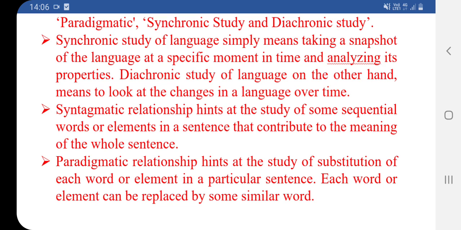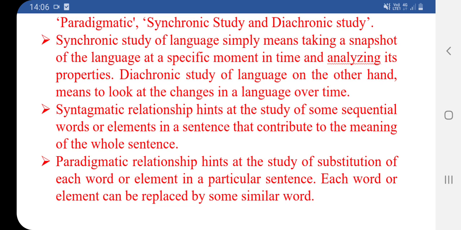And paradigmatic study is something different from syntagmatic study. Paradigmatic study hints at the substitution of each word or element in a particular sentence. Paradigmatic relationship signifies that each word or element in a sentence can be replaced or substituted by similar words or elements. Just as I said, the sentence is I will eat.